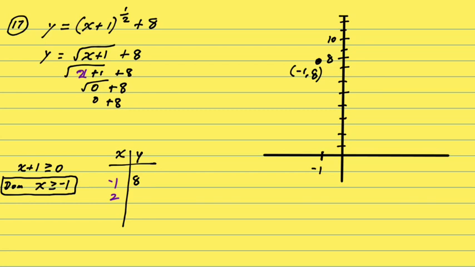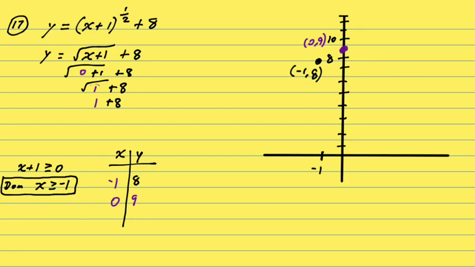Well, 2 plus 1 would be a 3. That would be a square root of a 3. I don't really know a square root of a 3 that well, so I might not use 2. However, how about if I use a 0? Would 0 work? What's 0 plus 1? 1. Square root of 1 is 1. 1 plus 8 is 9. So I believe it's going to go through 0, 9.